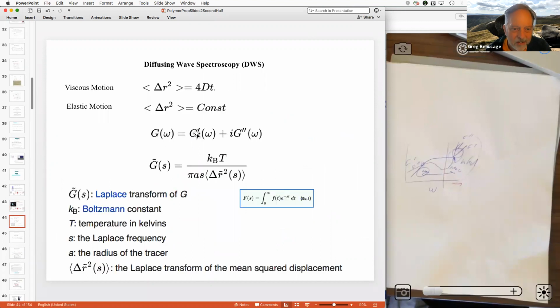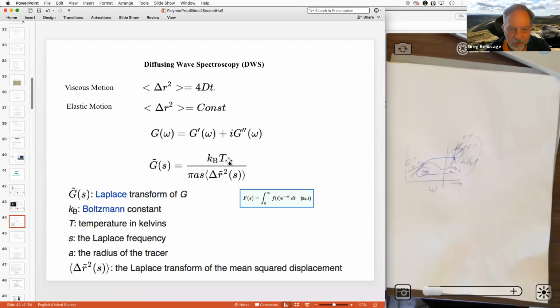So basically, you do a Laplace transform, which is this kind of idea. So you take the time domain, exponential of minus frequency times time, that gives you the frequency domain. So this f of t is your kind of noise pattern. Then you do a frequency domain, and you find out that you can get this mean square displacement out of this.